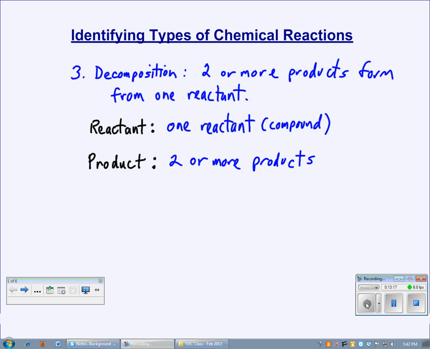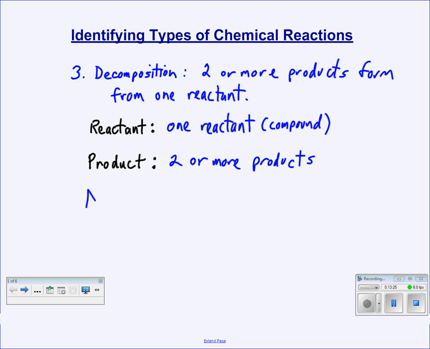The example I like to use for this I call the pancake reaction, because this is what happens when you make tasty pancakes from scratch. If you take NaHCO3, sodium hydrogen carbonate, and sodium hydrogen carbonate is the active ingredient in baking soda, it will decompose.